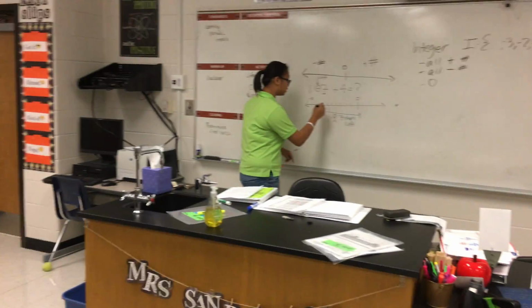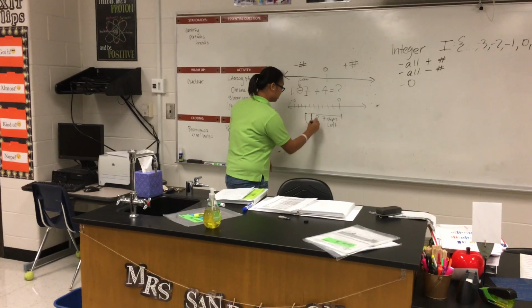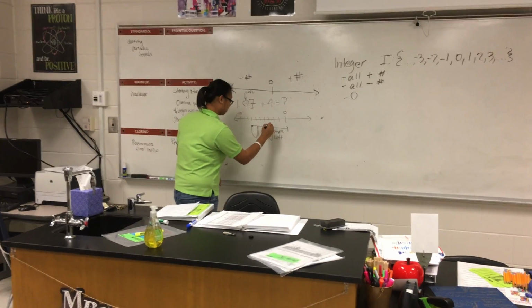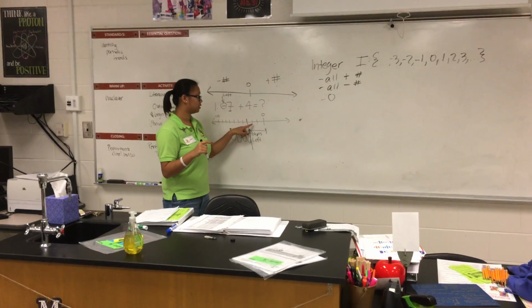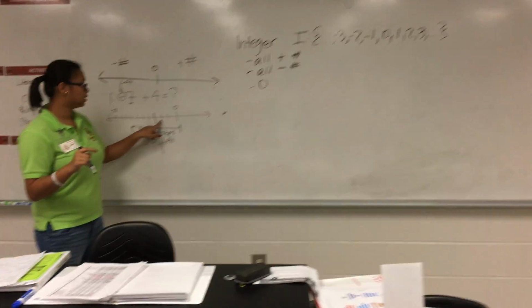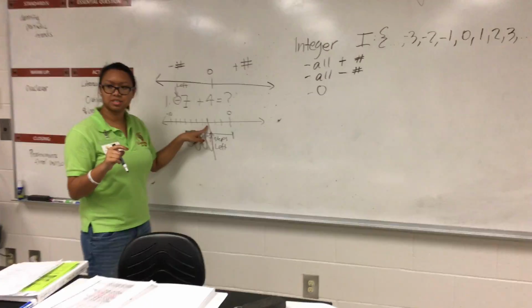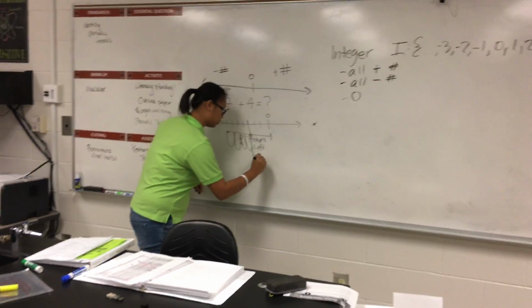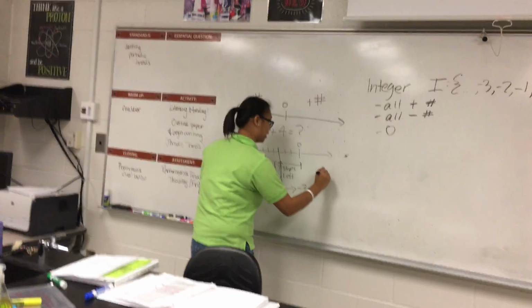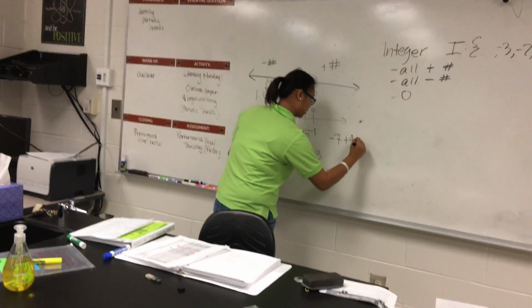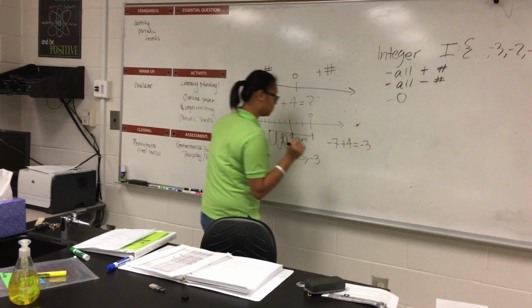Good. So 1, 2, 3, 4. So now we're at what? Here's -1, here's -2, so this is -3. That means -7 plus 4 equals -3.